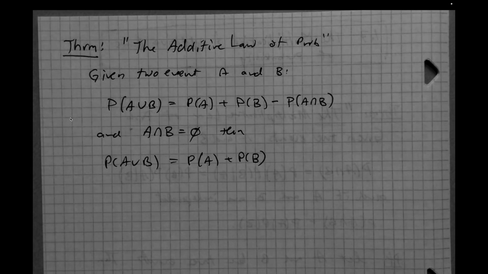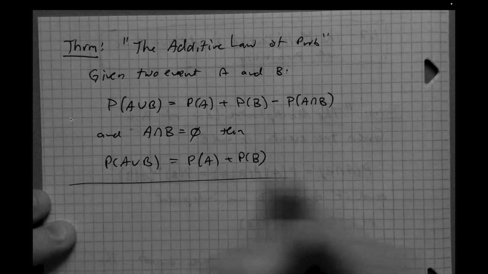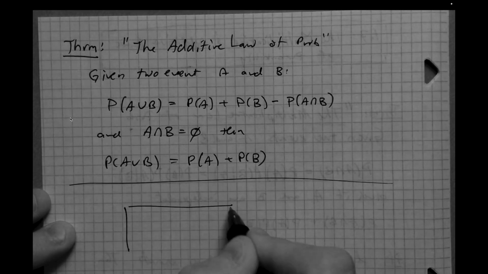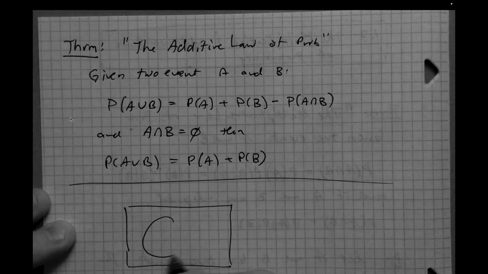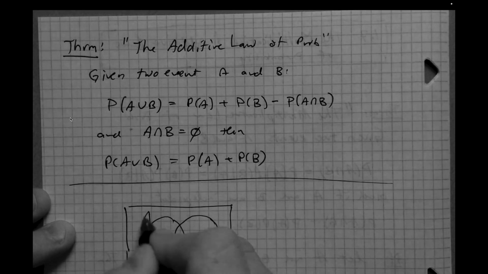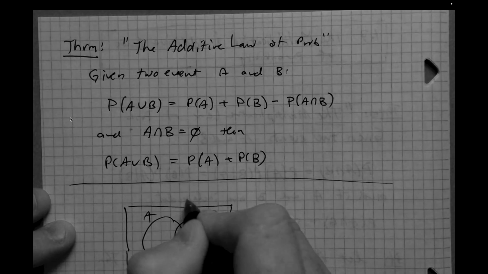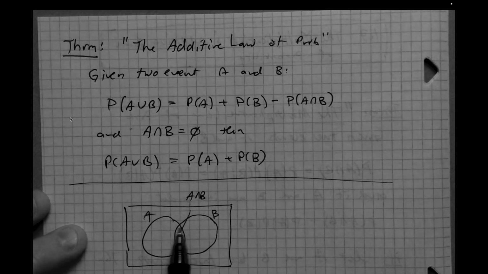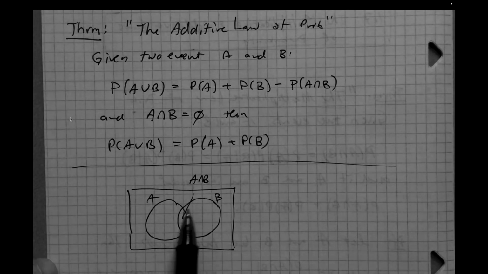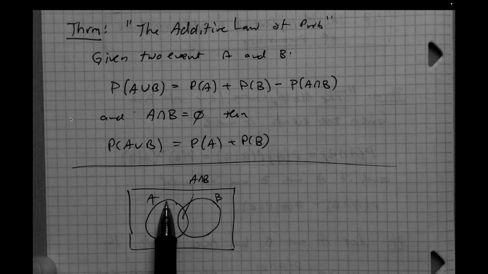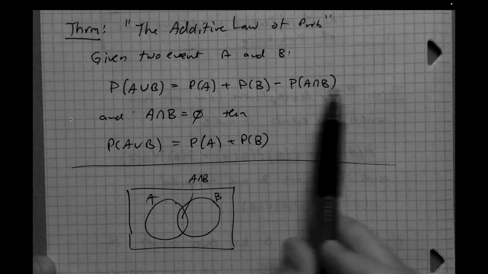Okay, and this will look real familiar to people from regular set theory. You talk about the union, A or B, and this being the intersection, A and B, right? If you were to add everything from A and add everything from B, you would have added the intersection twice, and hence the subtraction, right?